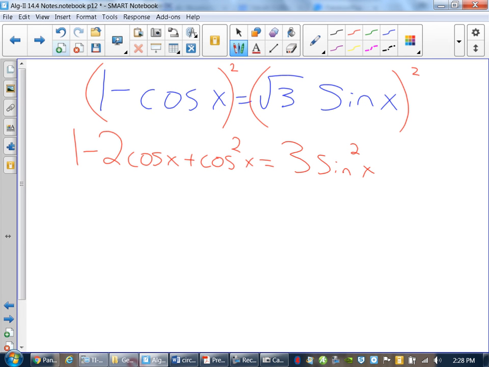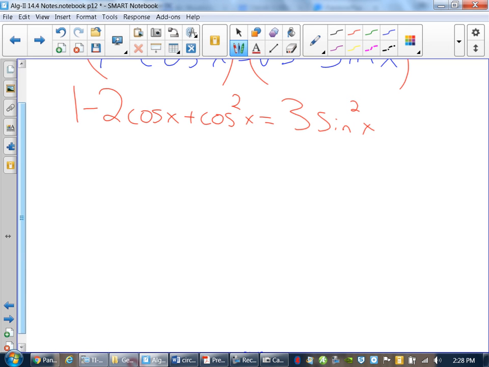Which means I need to show you guys a trick. What's the Pythagorean theorem? A squared plus b squared equals c squared. Think about it in terms of the unit circle when we first talked about x, y, and r.